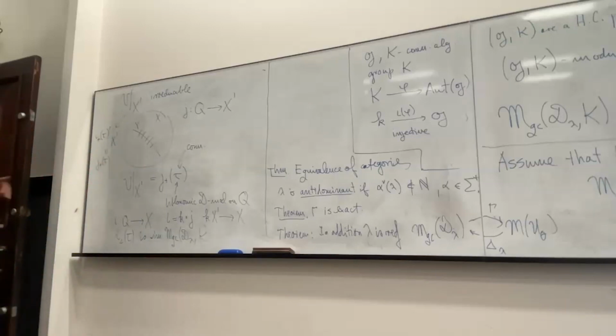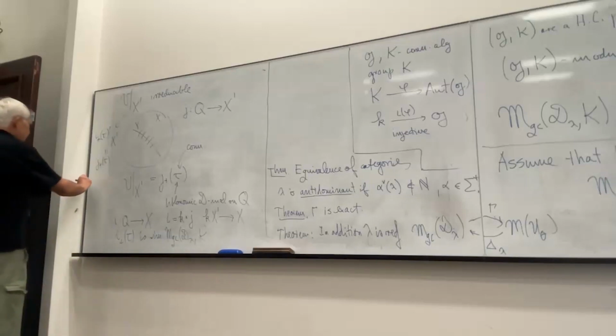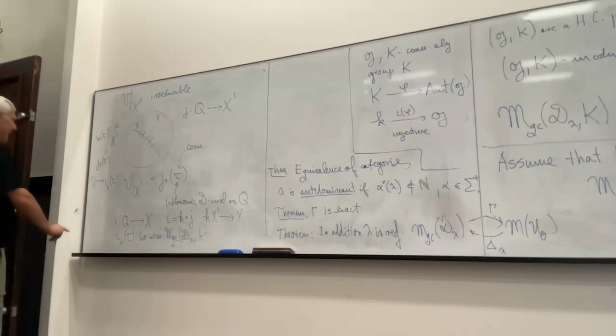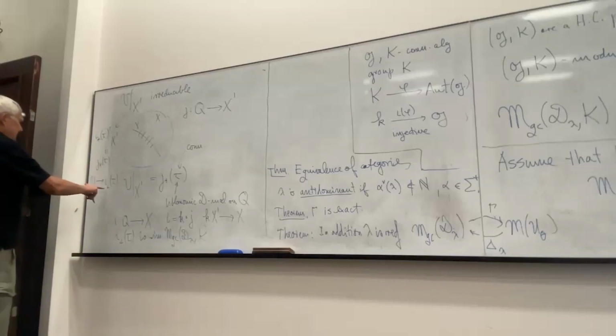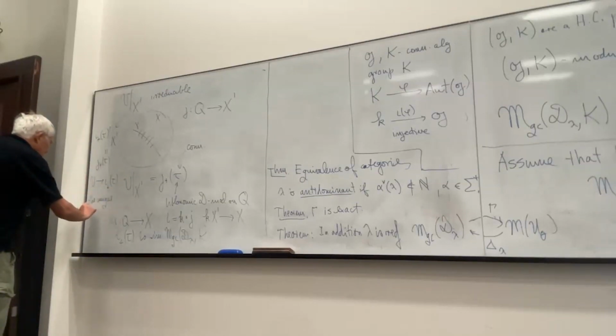So by this adjoint result I just mentioned, we see that V maps into this I plus tau, and this is the unique irreducible sub of this direct image.